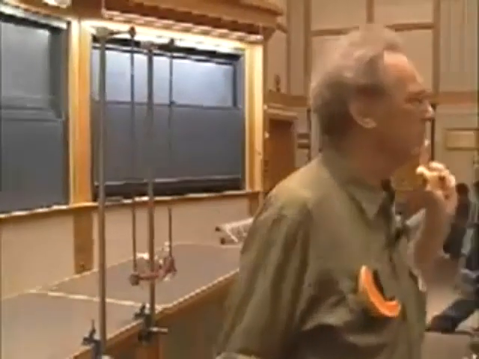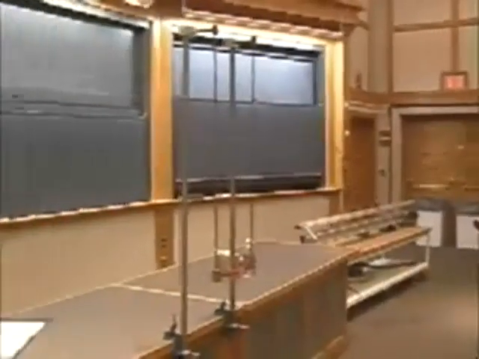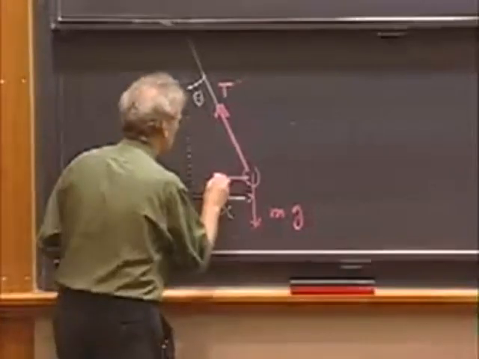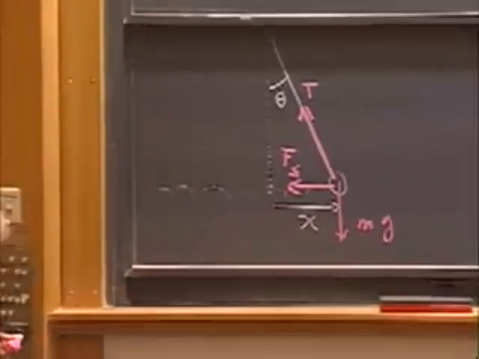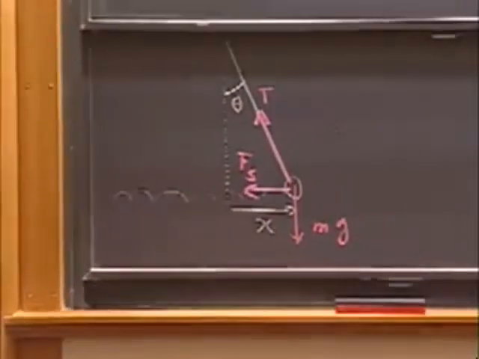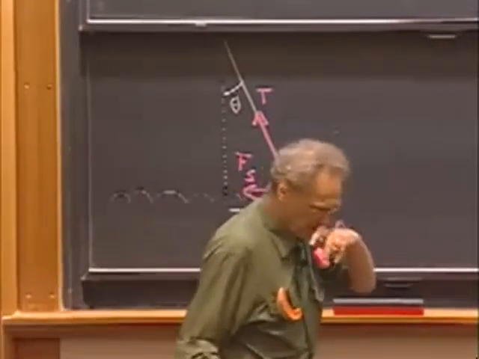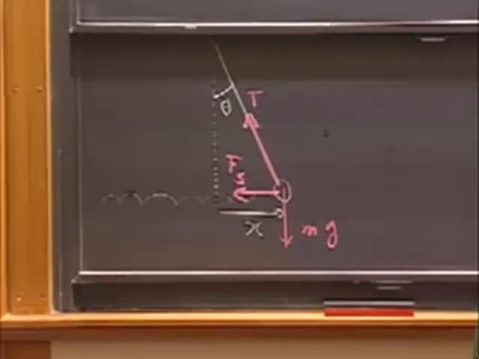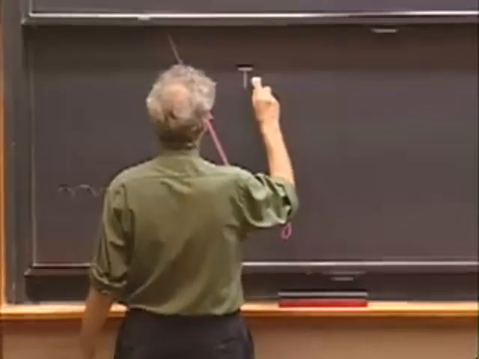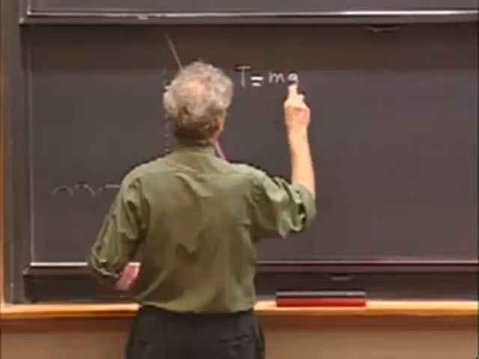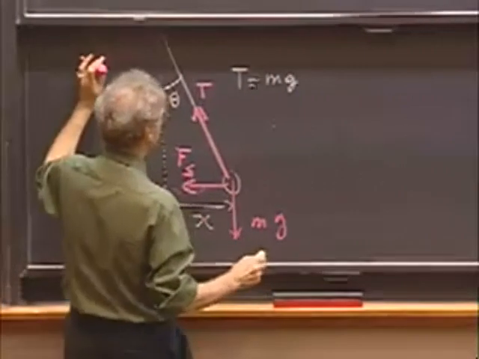Spring. How much longer is the spring than it wants to be? 2x. Exactly. In other words, there is a force here. I call that the spring force Fs, which is bringing it also back to equilibrium. And that one is 2kx. Now, the tension is very close to mg. We have discussed that several times.